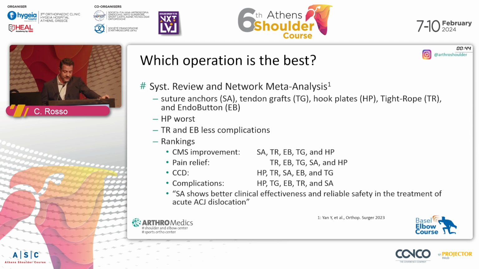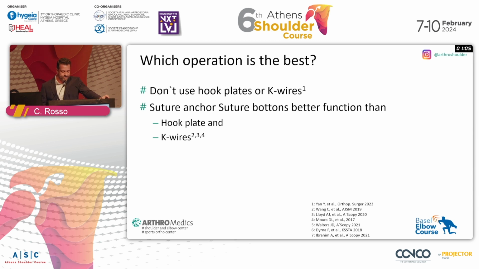In the tendon grafts, of course, when we use tendon grafts, we have more complications. And then the endobutton is the third. So they're showing that the suture anchors show better clinical effectiveness and reliable safety in acute AC joint dislocations. So it's really about the acute ones.